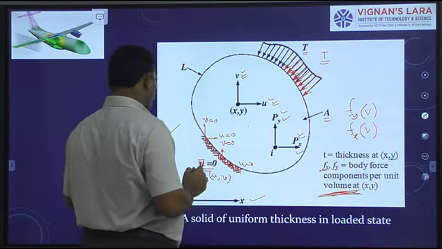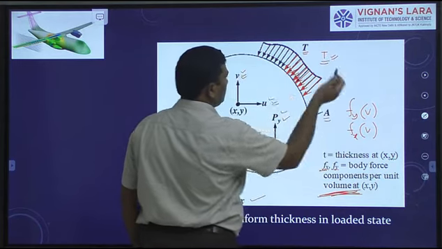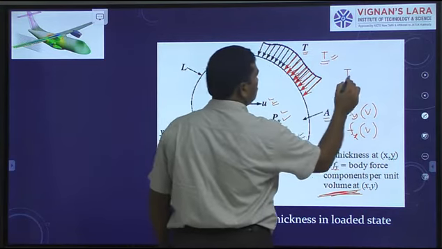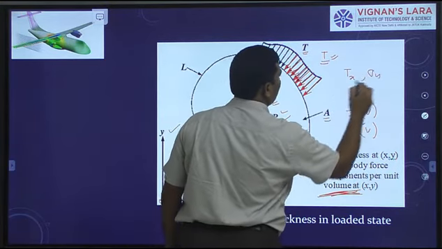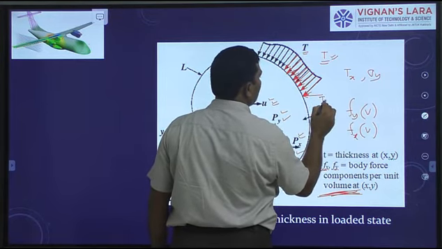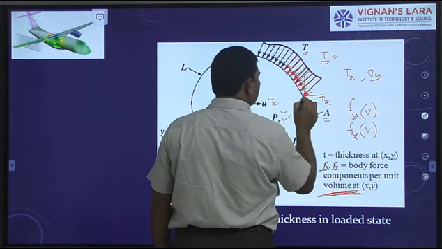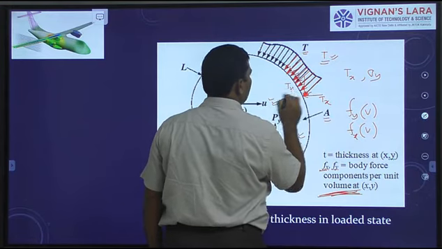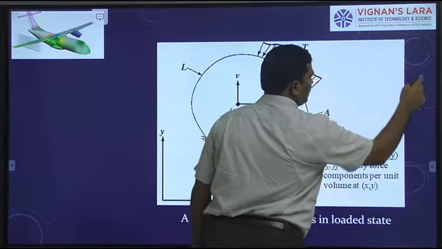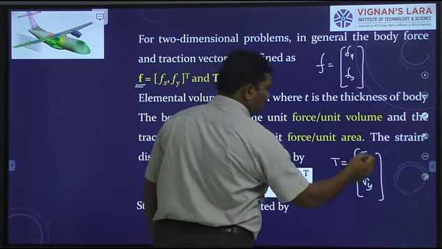With respect to the established reference frame, T can be resolved into two components, Tx and Ty. Tx is the traction acting in the direction of x and Ty is the traction acting in the direction of y. Therefore, the traction vector we can write as a column vector with two elements, Tx and Ty.